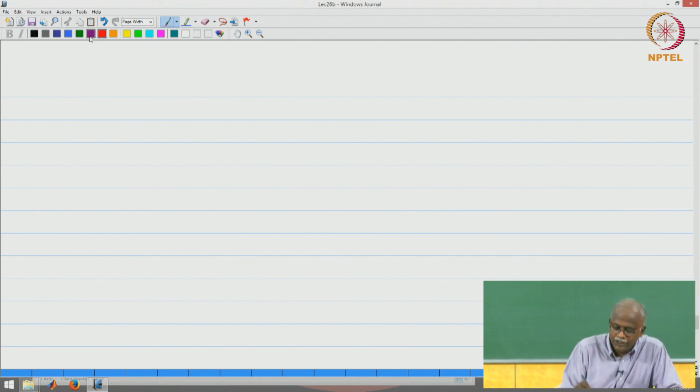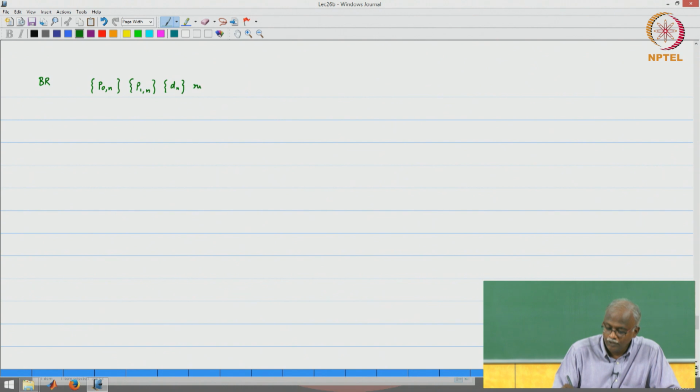The first condition that was imposed is that they are both bounded real. That means the polynomial coefficients p0,n, p1,n and d,n are all real.